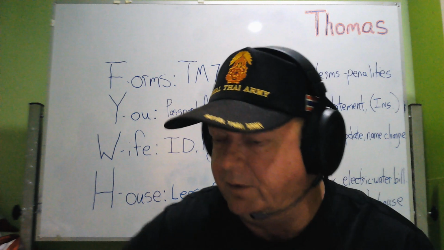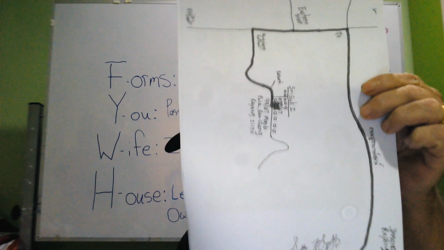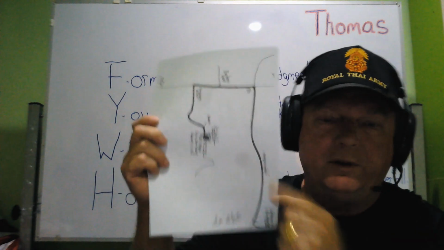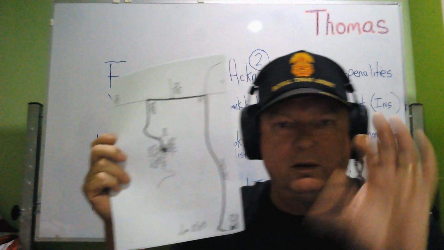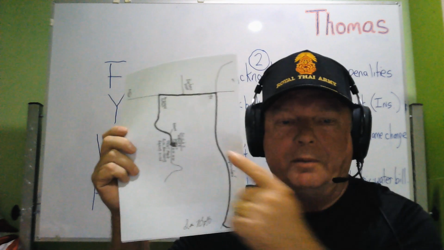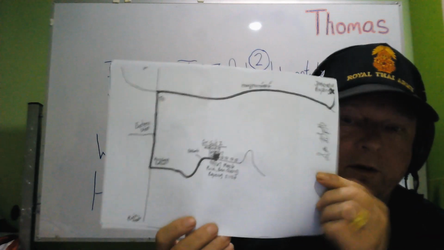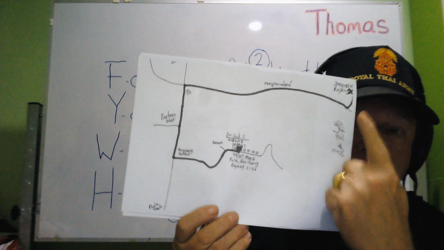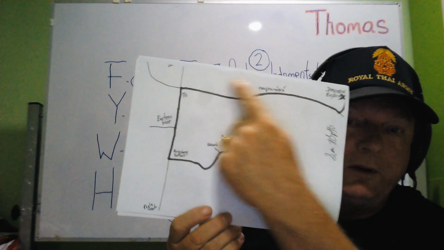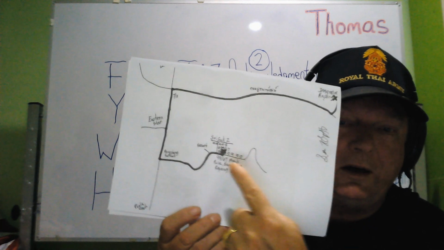Now, finally, on the house, you're going to need a map. So this map, you can just draw it yourself. I just look at the Google location from the immigration office to your house. So here's the immigration office, and then I give them the route to come to our home.